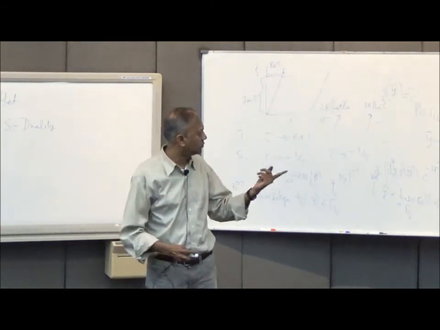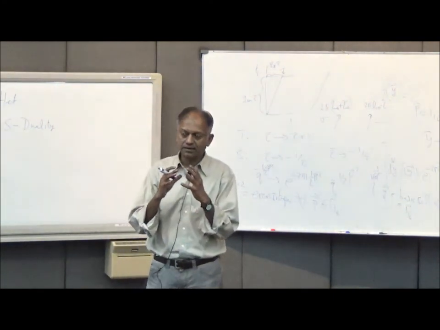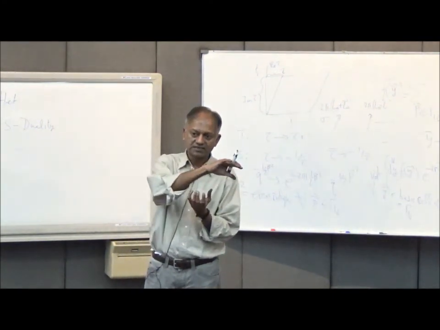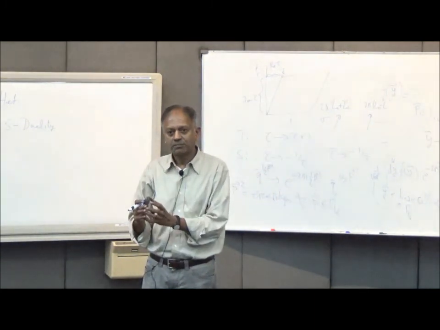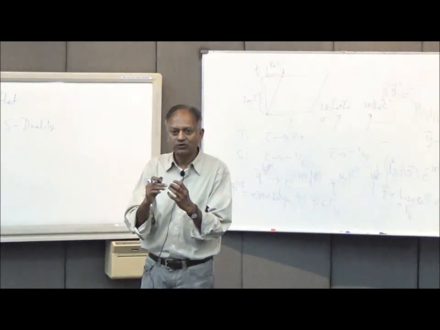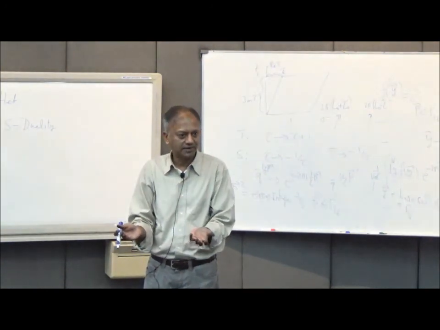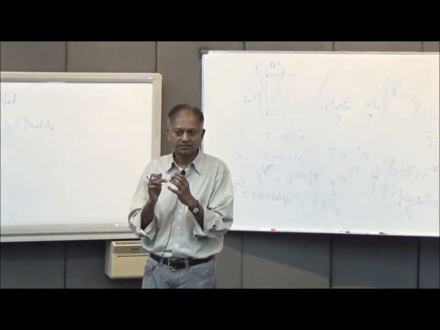And the same thing with the type 1 string. The anomaly cancellation of SO32 is seen in the type 1 theory by the requirement that there is no tadpole. Because if there's a tadpole, that means the vacuum is unstable, right? So it's just a requirement that the tadpole is absent.